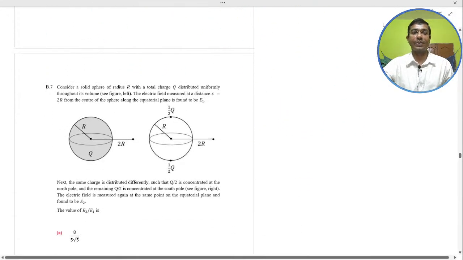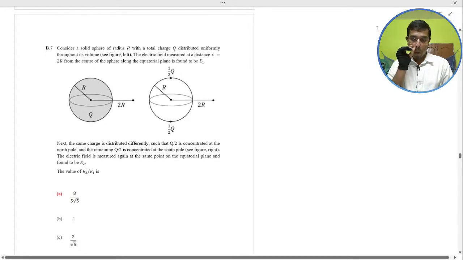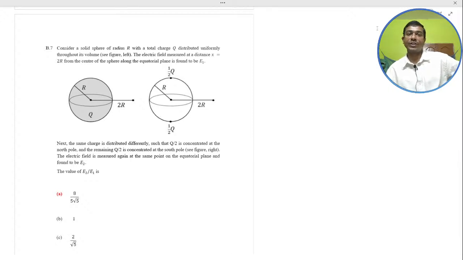Next question. Question number 7. Consider a solid sphere of radius r with a total charge q distributed uniformly throughout its volume. The electric field measured at a distance x equal to 2r from the center of the sphere along the equatorial plane is found to be E1.